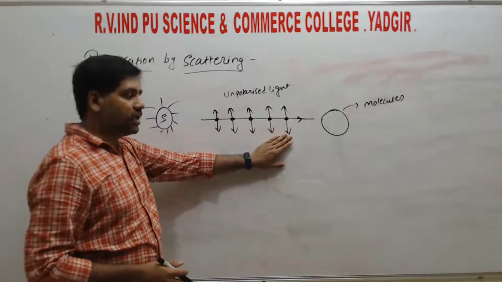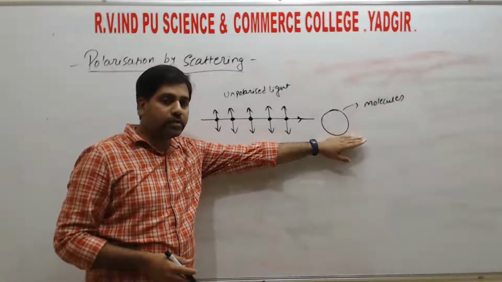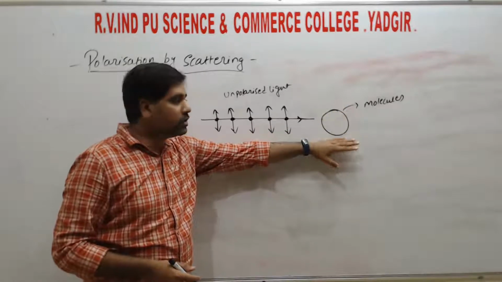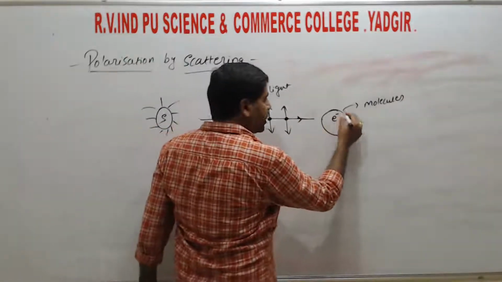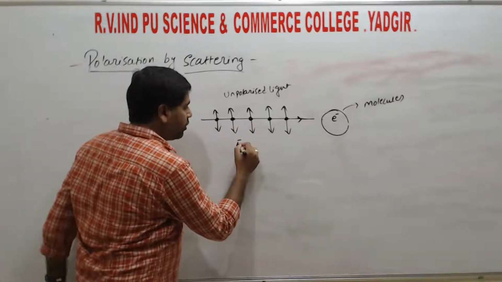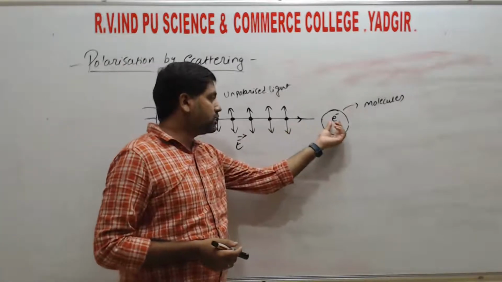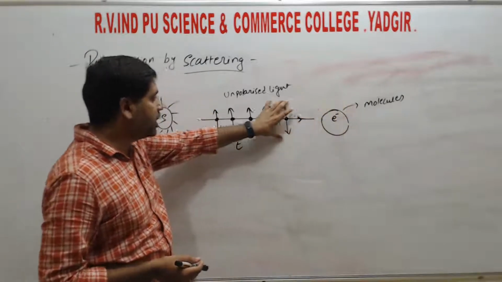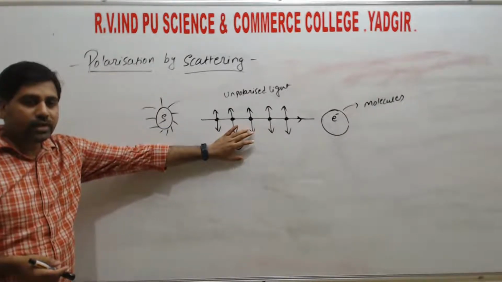So when unpolarized light strikes the molecules present in the Earth's atmosphere, the electrons in these molecules acquire these two components. The unpolarized light is nothing but the electric vector E, that is, the light vector. So these electrons acquire the electric vector.